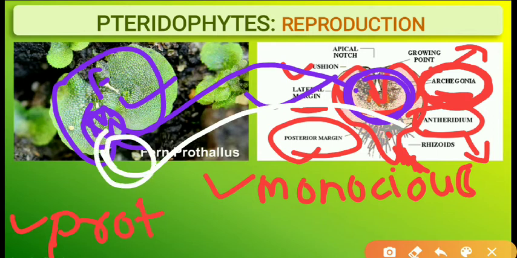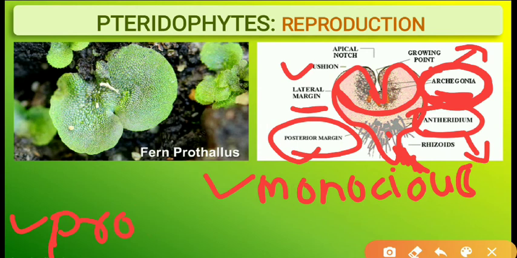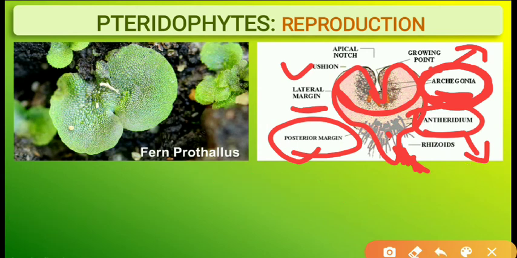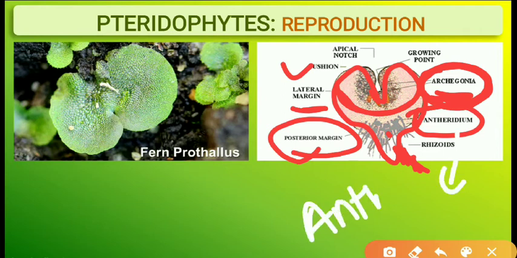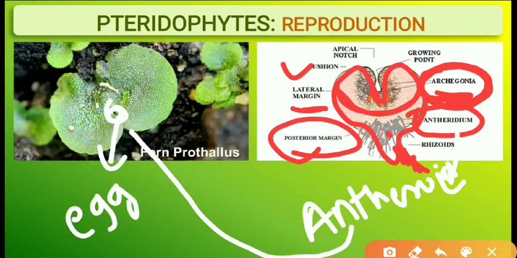The male sex organ, that is antheridium, will produce biflagellate antherozoids which are motile, and these antherozoids will go toward the female egg. The egg is present in the archegonium.